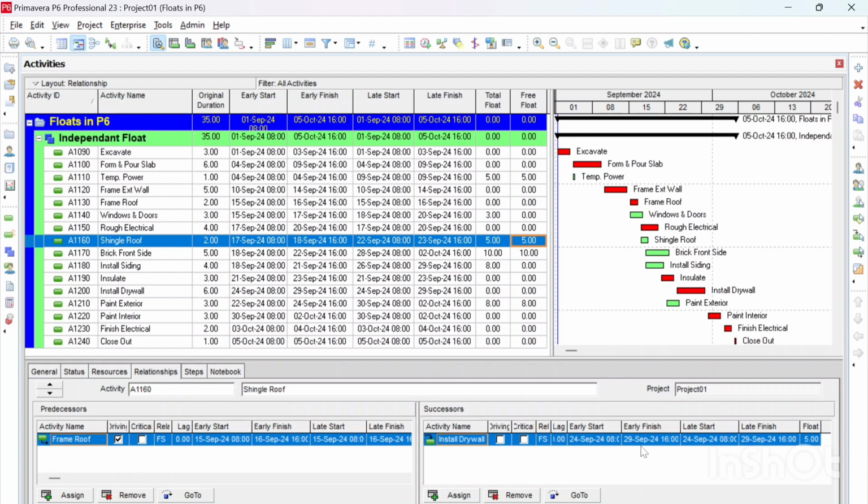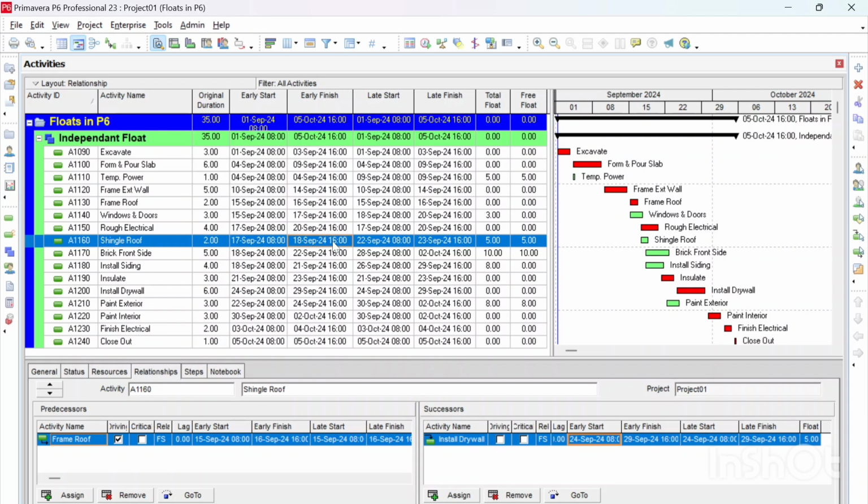Okay, so if we look here at the early finish, which is right here, it's September 18, and from September 18 at the end of the day, we have 19 and we have 20, 21, 22, 23, and then this one will start 24. We have 5 days. 5 days of free float.